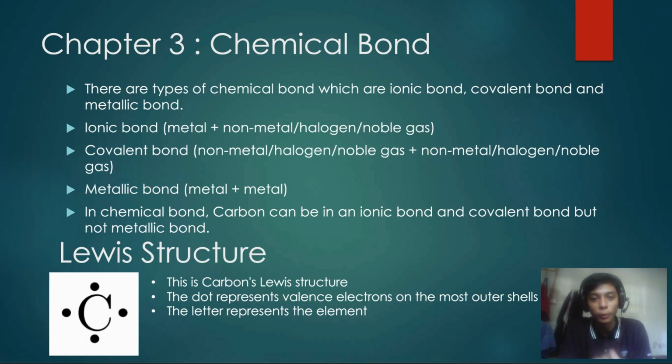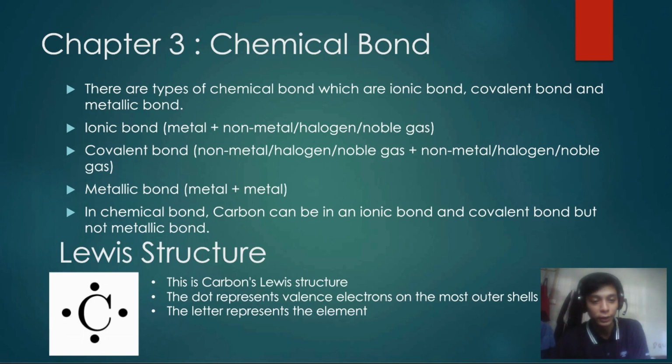The next one is covalent bond, which is a non-metal, halogen, or noble gas bonded with a non-metal, halogen, or noble gas. And the final one is metallic bond, which consists of a metal bonded with a metal. In this case, carbon can only be in an ionic bond and covalent bond, but not metallic bond.